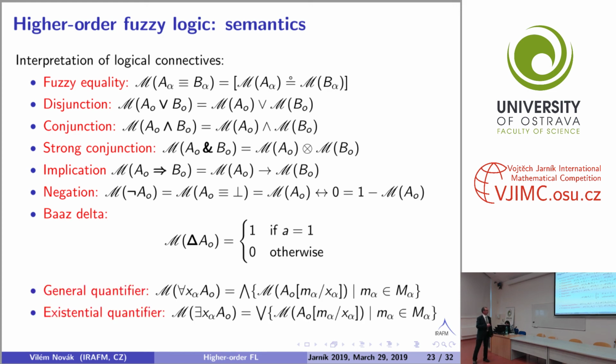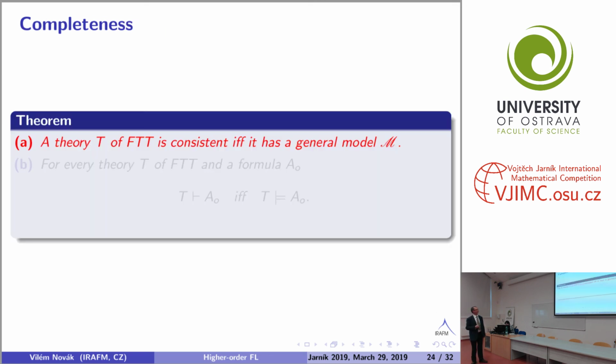And notice quantifiers. The general quantifier is interpreted as infimum of all truth values obtained by all instances of this formula over all elements of a given type. And here it is a supremum of these truth values. So this is very essential and a very well working definition.